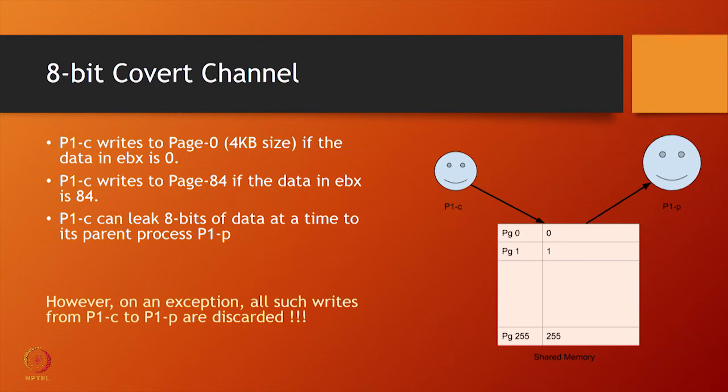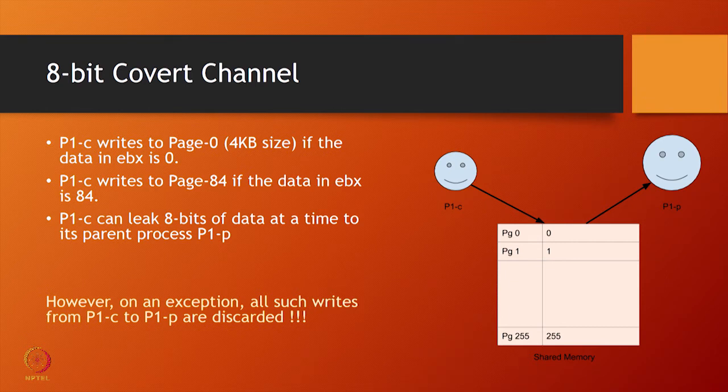P1 child writes to page 0, which is 4 KB in size, if the data in EBX is 0, and to page 84 if the data in EBX is 84. Like that I could have 256 pages and write to one of them. So the child can leak 8 bits of data at a time to its parent.